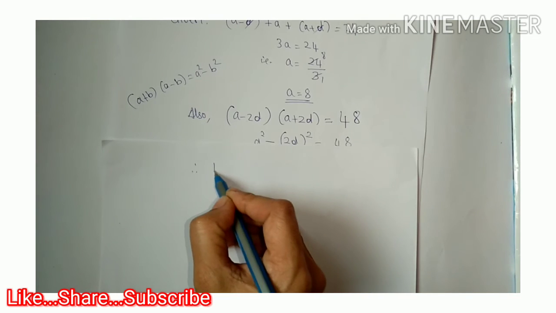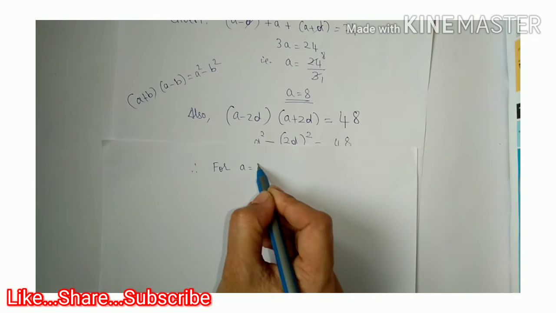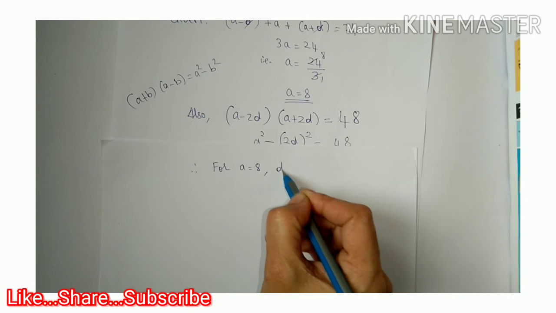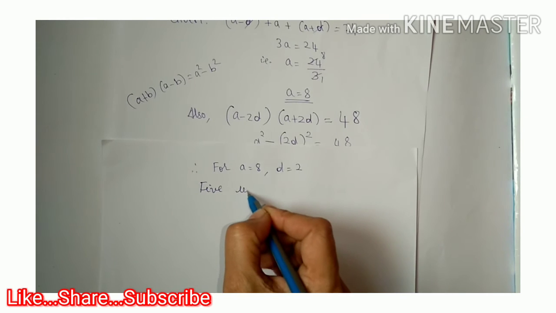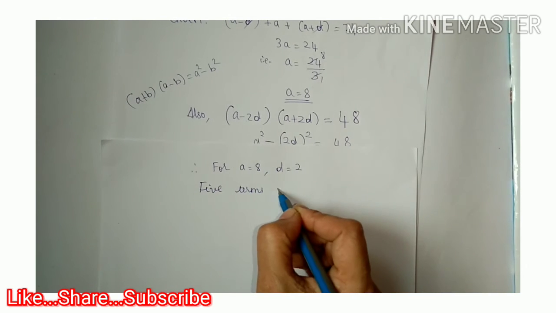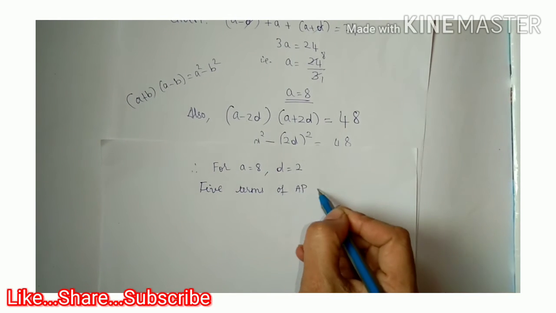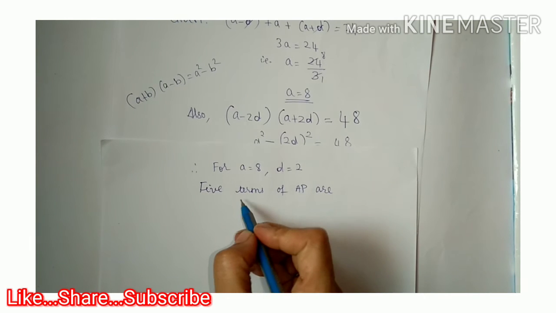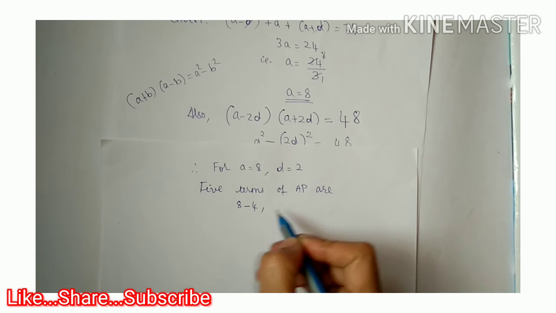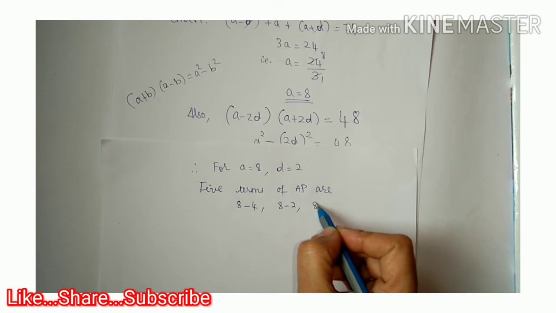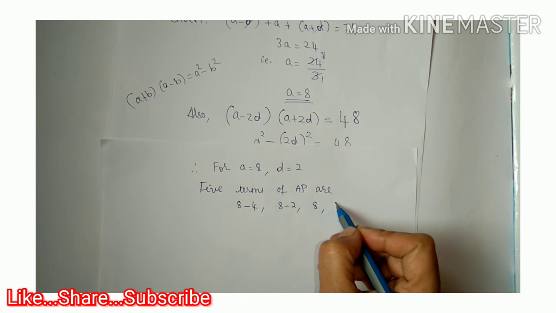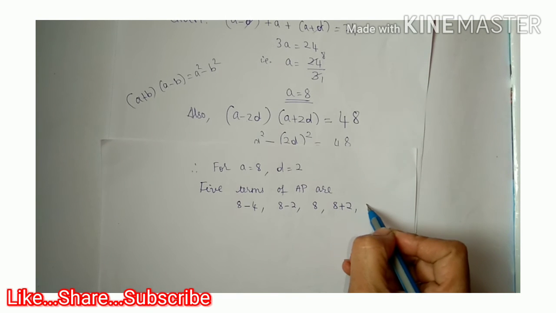Therefore, for a is equal to 8 and d is equal to 2, the 5 terms of the AP are a minus 2d, 8 minus 4, a minus d, 8 minus 2, a, 8, a plus d, 8 plus 2, a plus 2d, 8 plus 4.